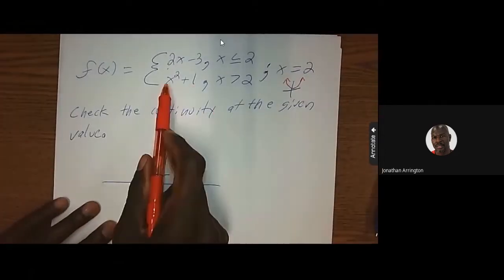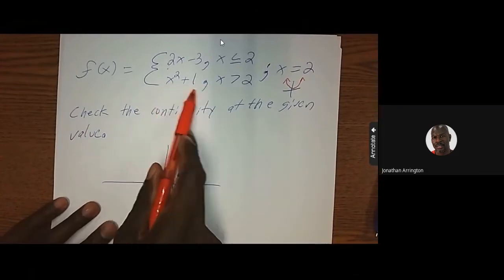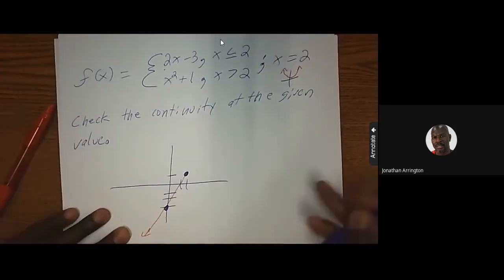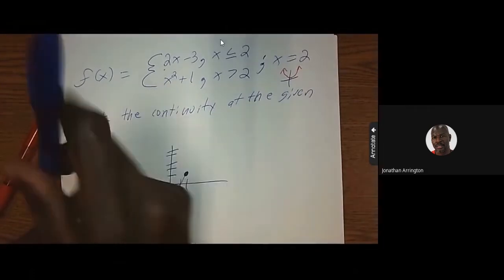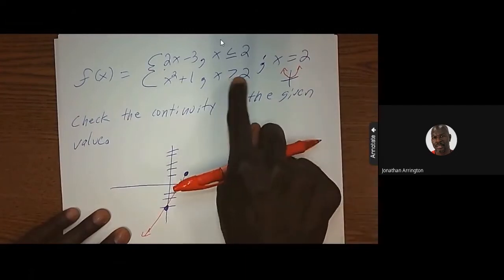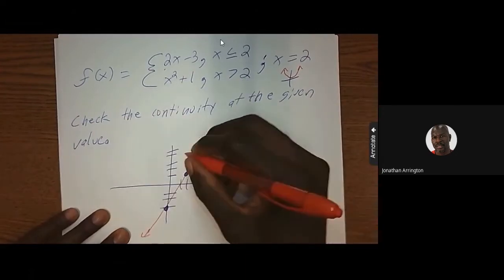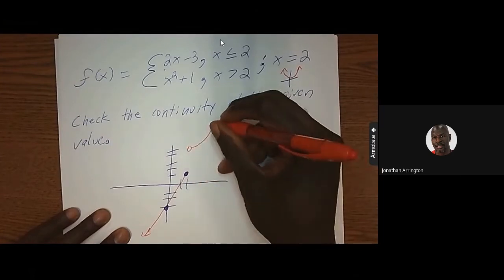And when x is 2 for this function, the value is 5. If you plug in 2 for x, you're going to get 5. So let's say 2, 3, 4, 5. So when x is 2 on this function, I get 5. Here the 2 is not included, so it would be an open circle. And then you would continue with this parabola.